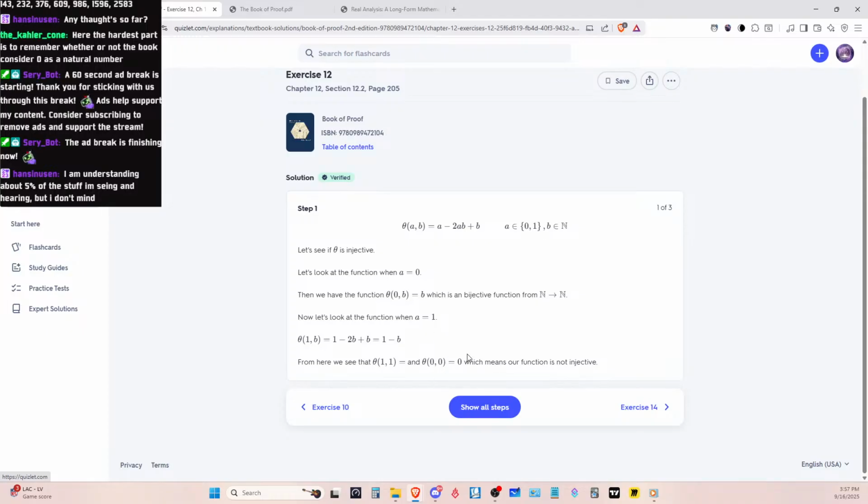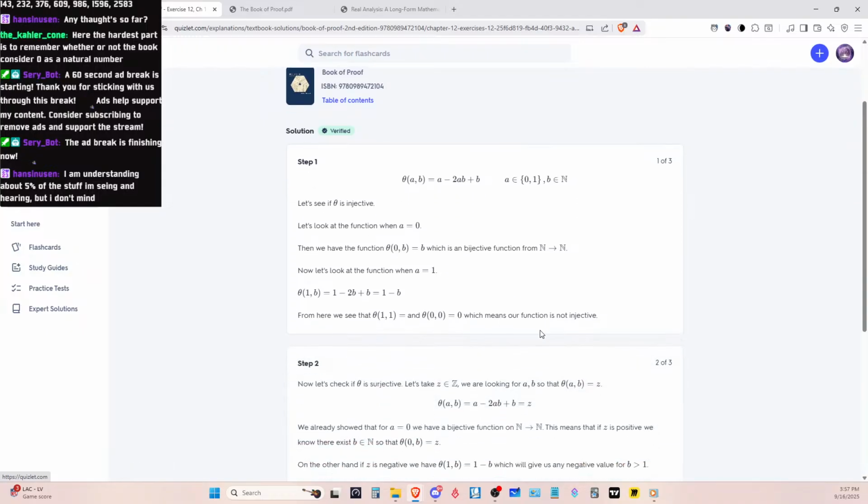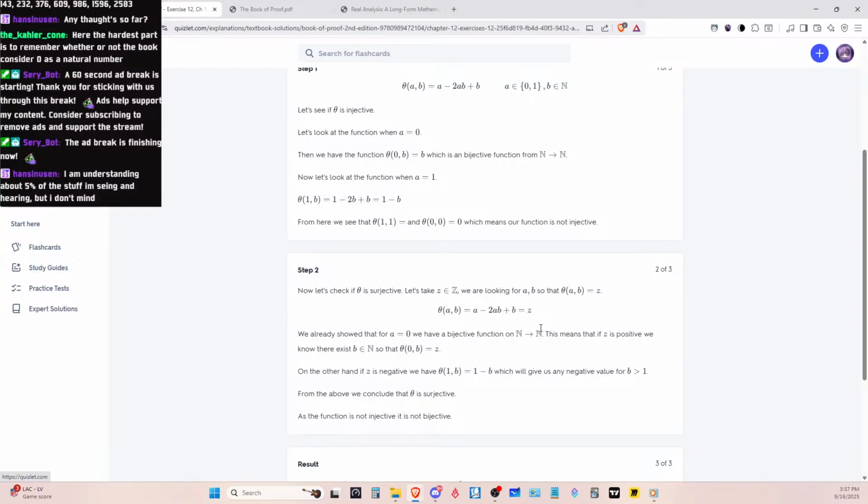Oh, it's not injective? What? Dang. Then I need a lot more work to do on understanding both of these things. And it is surjective. Oh my goodness. Dang.